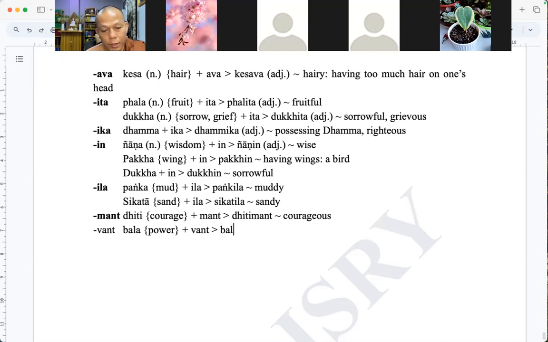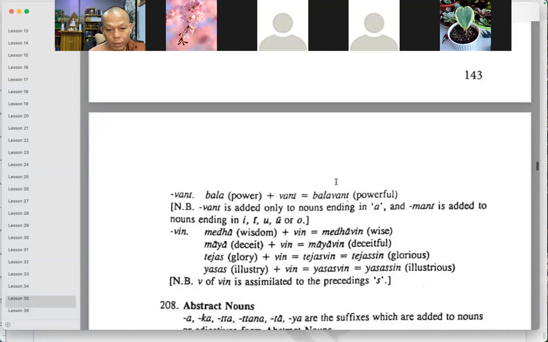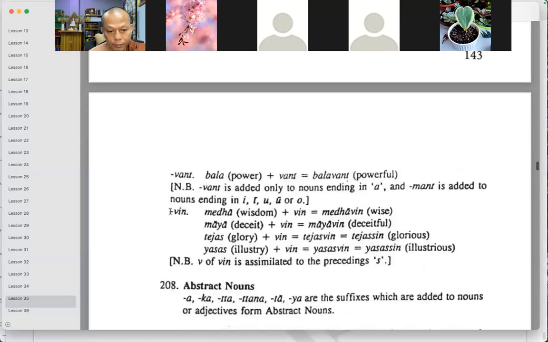So we have balavant. So balavant means powerful. So in this way, many words with bala. And then the last one. This note is already in lesson 21.